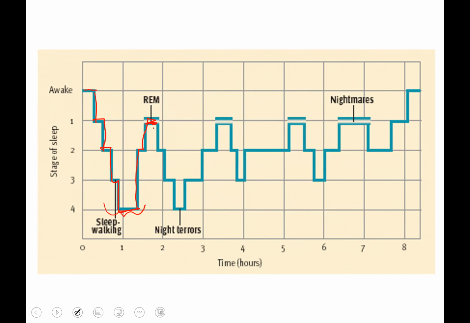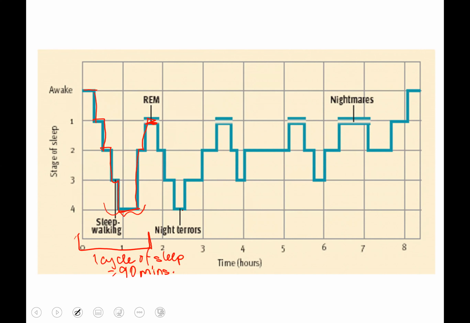And you'll notice that as the night progresses, right? And remember that this is from here to here, this is equal to 1 cycle of sleep, which is equal to approximately 90 minutes. And this we talked about on Tuesday, right?